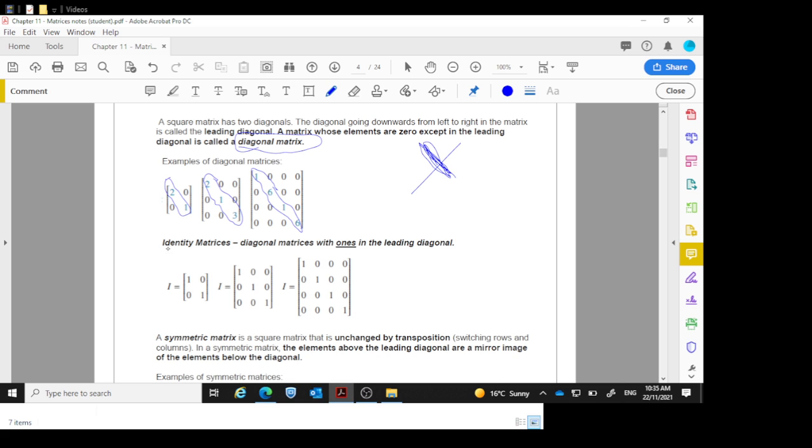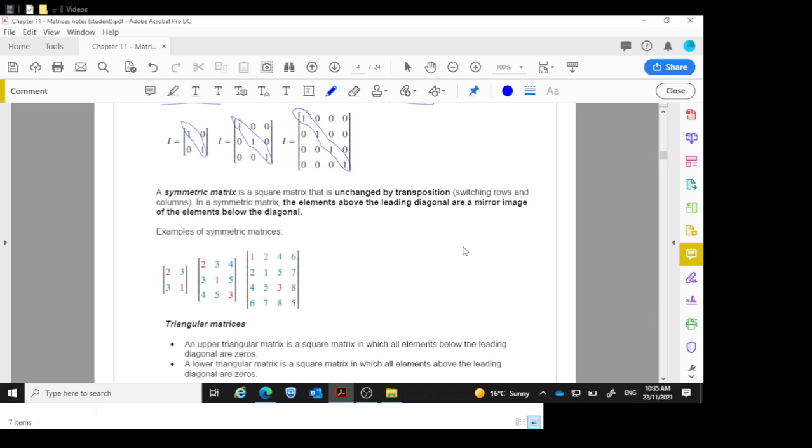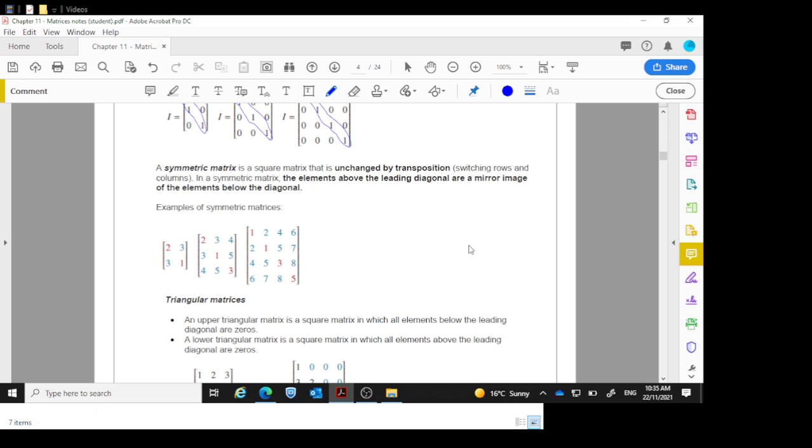Then we have identity matrices. The identity matrices means that the leading diagonal are 1s, and all the rest are 0. These are all identity matrices. They're a particular type of diagonal matrix. Then there's symmetrical matrices, which means that if we look along the leading diagonal, the other numbers are the same.